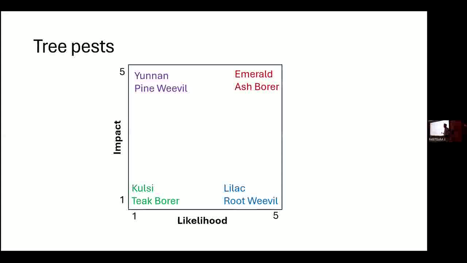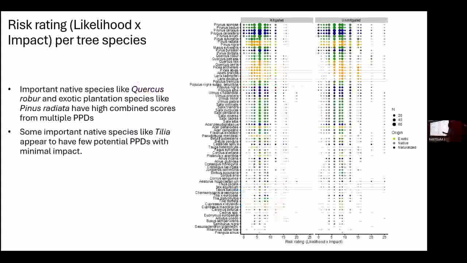It would have a huge effect, but unfortunately, ash dieback's killed all its host already, so it's too late. You missed the boat. Just to give you a feeling, there's something called the lilac root weevil, and then the Yunnan pine weevil, unlikely to get here, but would do a lot of damage if it did. I say here, I mean the UK, right? Okay, good. So let's look at the whole lot.